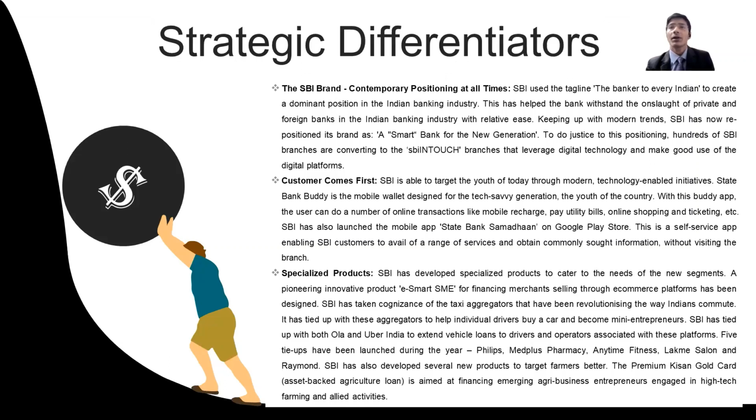Keeping up with modern trends, SBI has now repositioned its brand as a smart bank for the new generation. To do justice to its positioning, hundreds of SBI branches are converting to SBI InTouch branches that leverage digital technology and make good use of digital platforms.